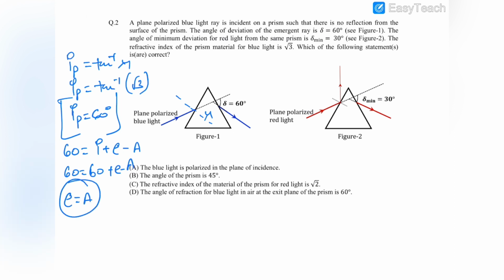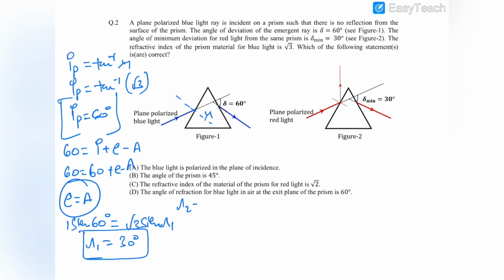Now for the angle of refraction, 1 sine 60 would be equal to root 3 sine r1. So sine r1 will be root 3 by 2 divided by root 3, and you can see that r1 would be 30 degrees.